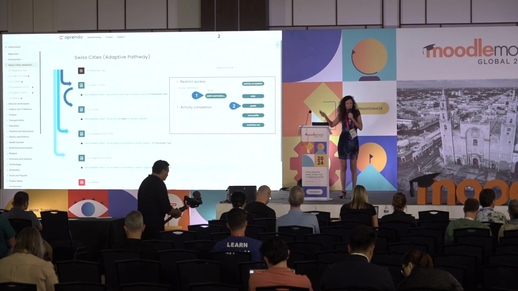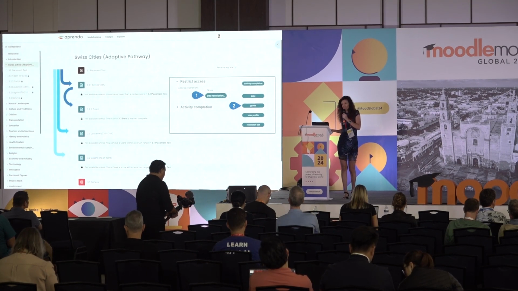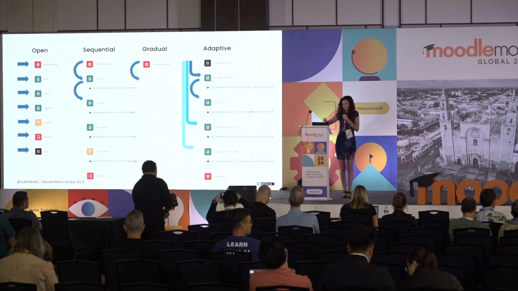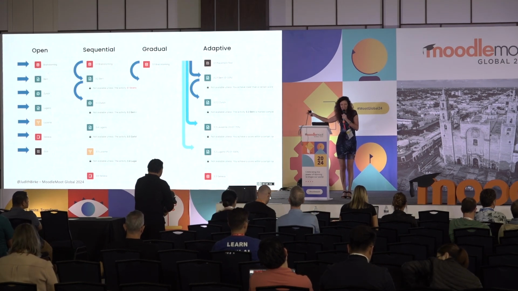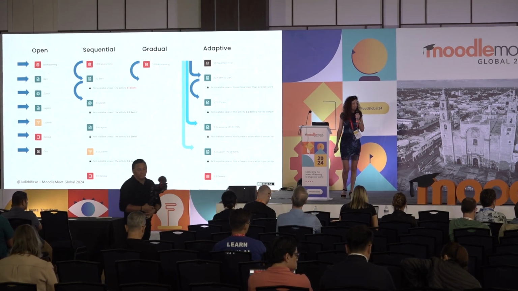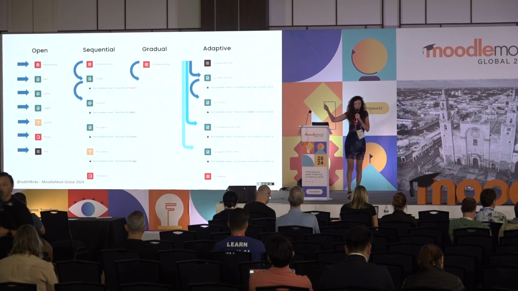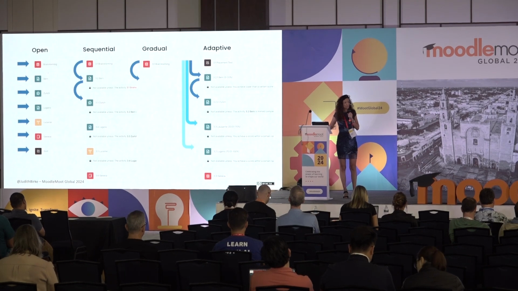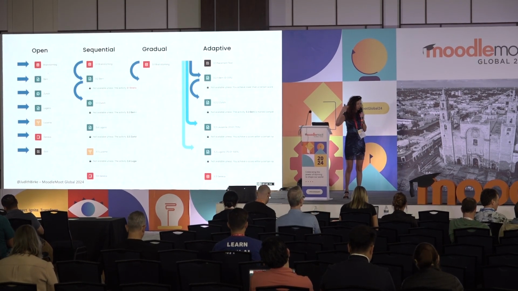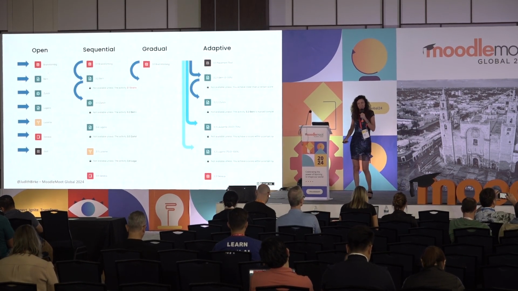So these are all standard things, and that's great. These are great features that Moodle offers, but if you compare them, the open, sequential, gradual, and adaptive path or learning journey, they all look pretty much the same. They're all lined up activities that the learners most of the time work through from top to bottom.